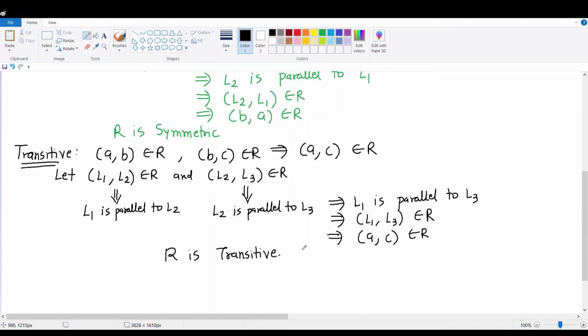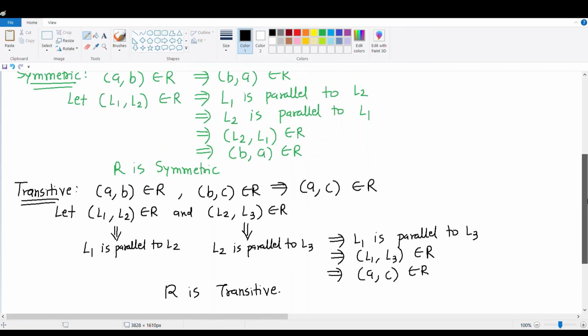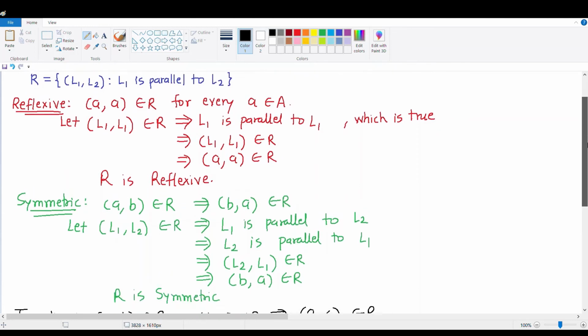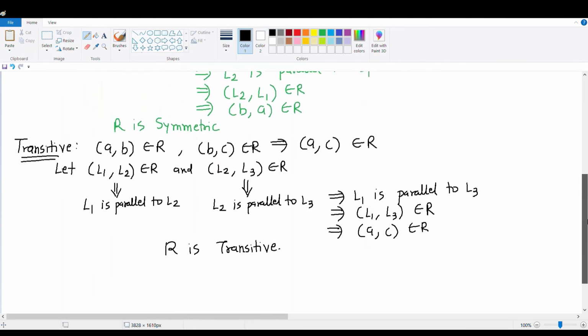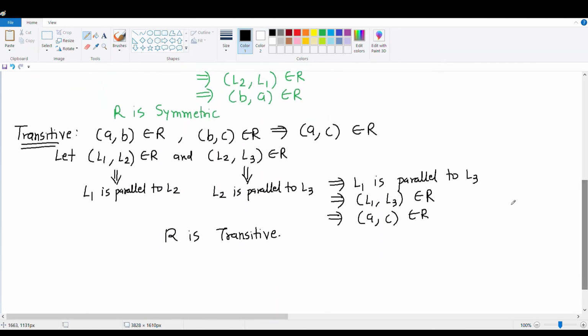So R is reflexive, R is symmetric, R is transitive, so we can say hence R is an equivalence relation. Why? Because it was all three, right?